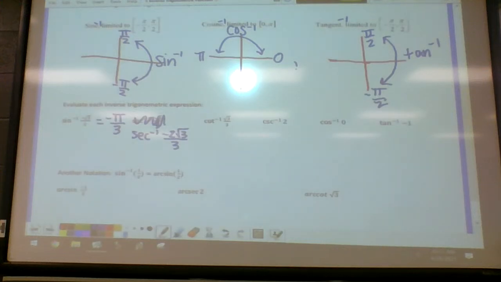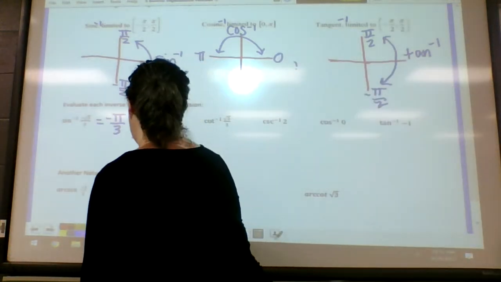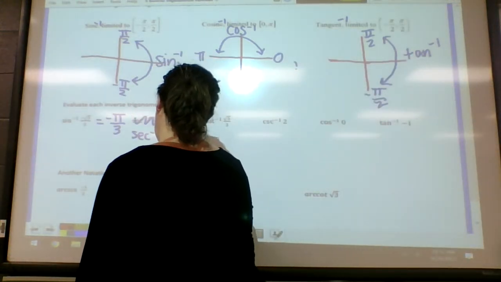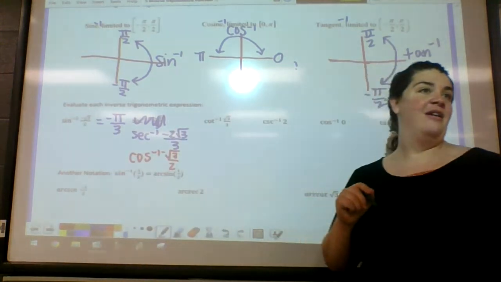All right, so secant is the reciprocal of cosine, right? And what did we have to find the cosine of to get that 2 square root of 3 over 3? That was square root of 3 over 2. So this question here is saying the same as find cosine inverse of square root of 3 over 2 with a negative in there, right?